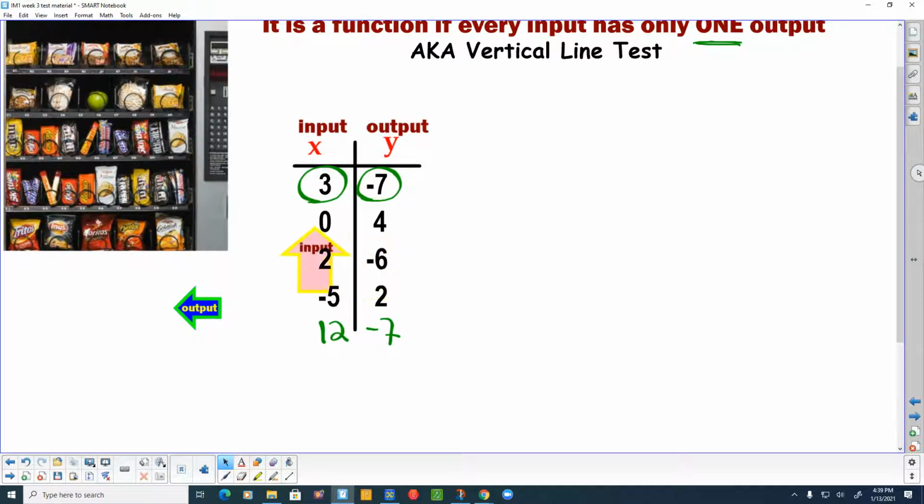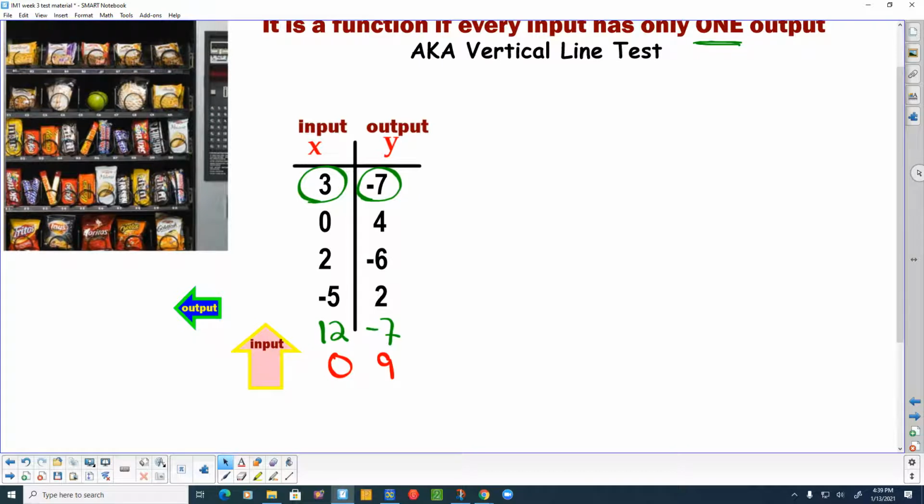What would that look like? That'll be a good question. Could be this, 0 and 9. We now have same input, 0 and 0, different outputs. Every input has only one output. Well, now this input has two outputs, 4 and 9. It is now broken. This function does not work.